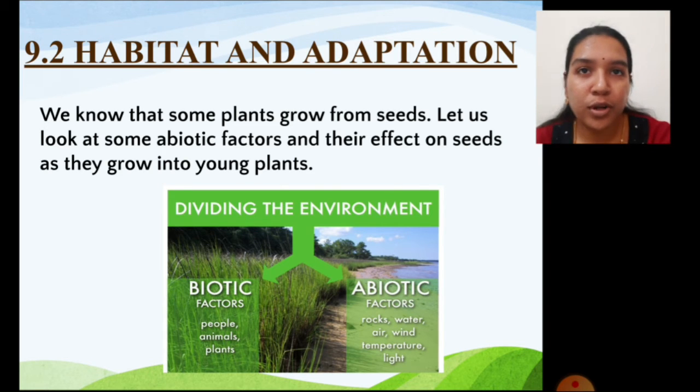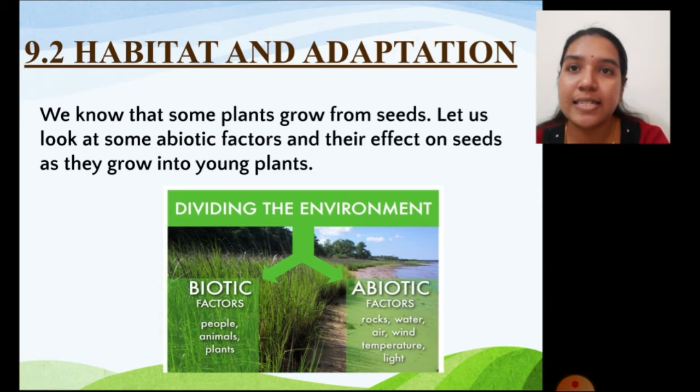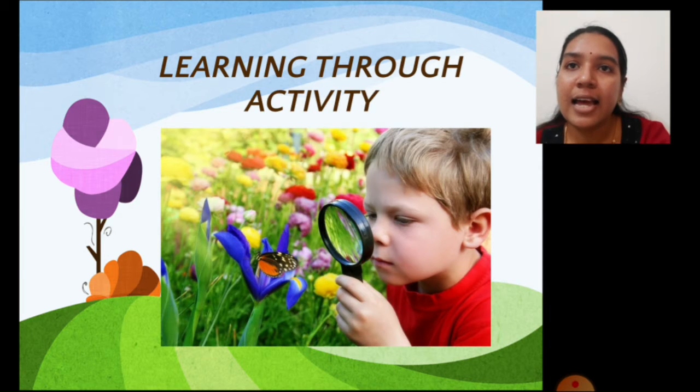You all know plants grow from seeds we sow in the soil. Let us understand how the influence of abiotic factors is seen on the seeds as they grow into young plants. Let us understand this concept by learning an activity.